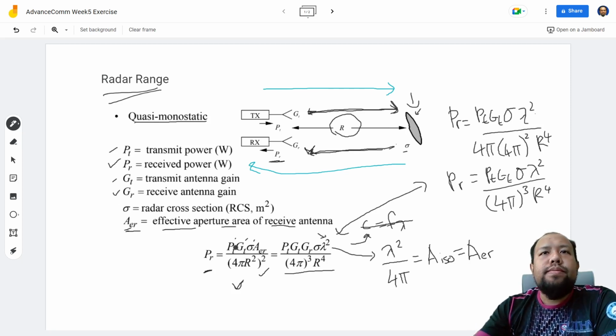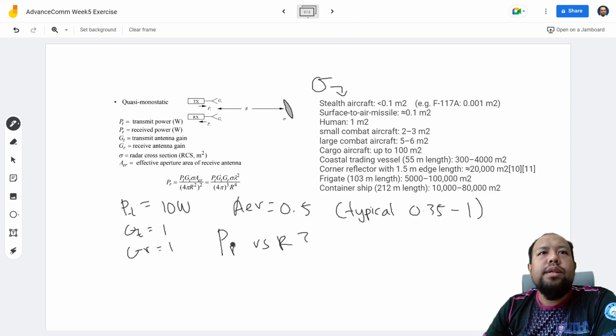Okay. So in the next part, we'd like to try out this equation in one situation. For example, we have a situation where we want to detect some object, and this object could be any of the things on this list.